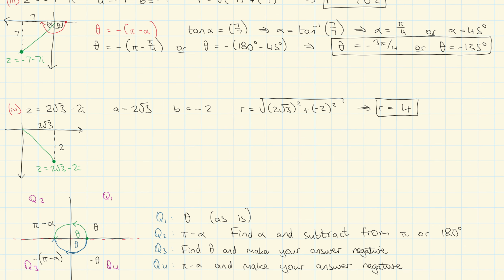And for part 4 then, we're in Q4, so we know we've moved in a clockwise direction. So my angle will be minus theta. So we have tan of theta is 2/2√3.